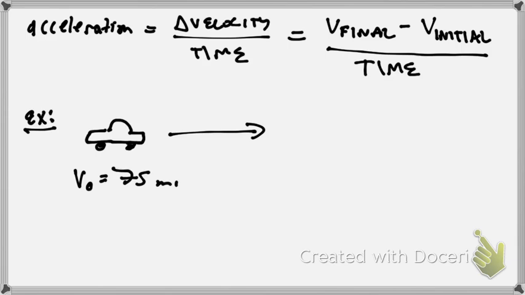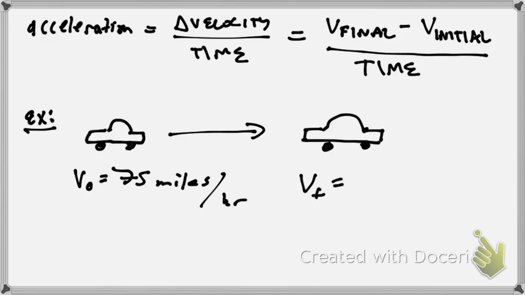Or let's just do miles per hour, right? Because that's what we know most. And I guess you guys haven't looked at the metric system yet, because we just introduced it. So we'll start off with this. All right. So V final is, let's just say, 90 miles per hour.